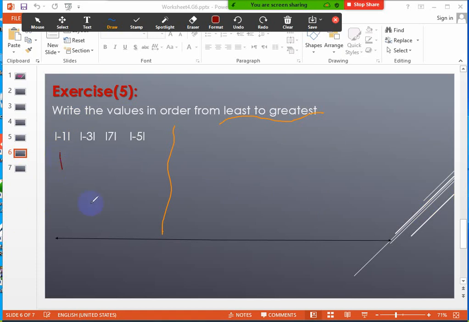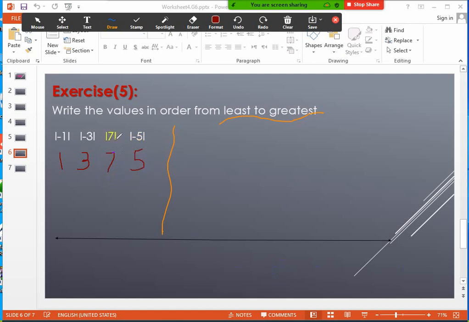It's 1. The number in the positive. What is the absolute value for -3? What is the absolute value for 7? Again, what is the absolute value for 7? 7. What is the absolute value for -5? 5. Thank you, Saba.